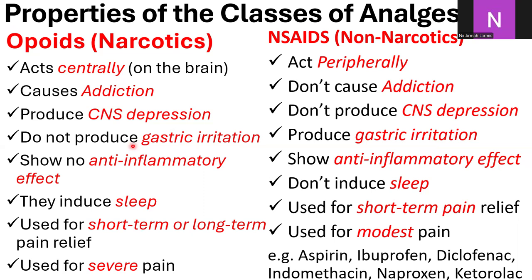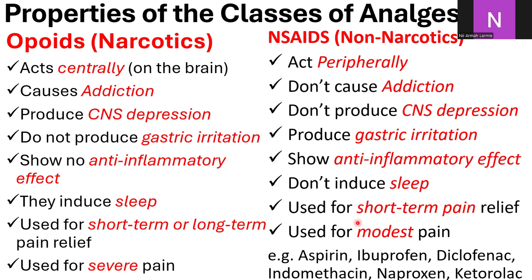NSAIDs, one of their cardinal properties, we said, is that they are anti-inflammatory. Opioids do not have any anti-inflammatory effect. And we use opioids for long-term or short-term pain, and they are used for severe pain, whereas NSAIDs are used for short-term pain relief, and they are used for modest pain.